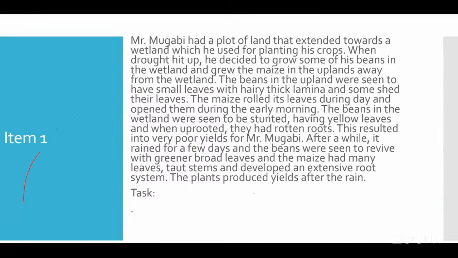The maize plants were able to produce yields because they developed stout stems. This enabled the plant to increase in height, so it was able to compete for sunlight, and with other plants for nutrients.